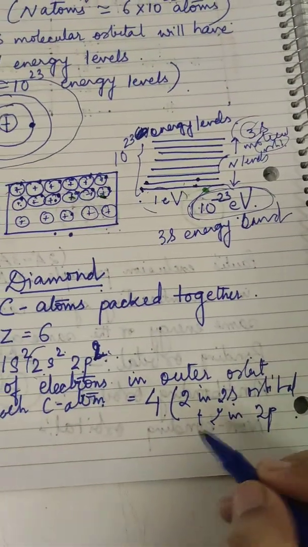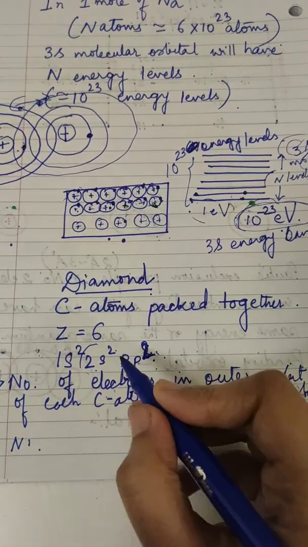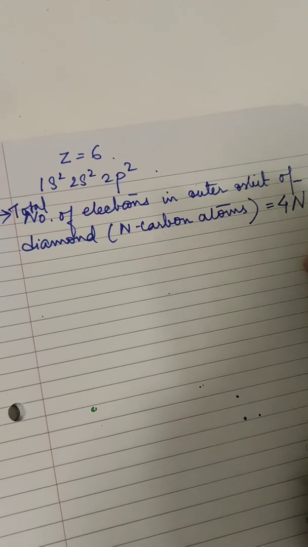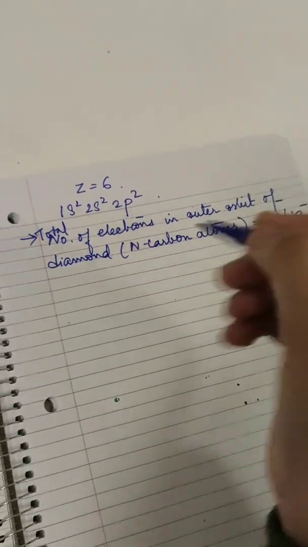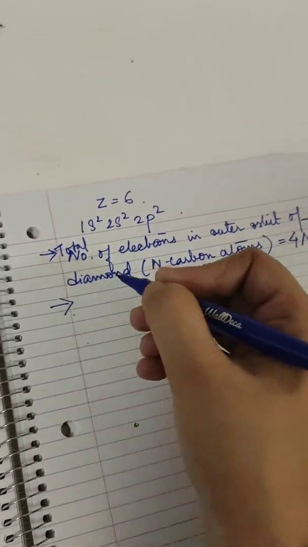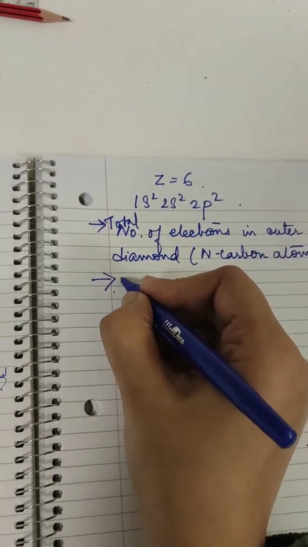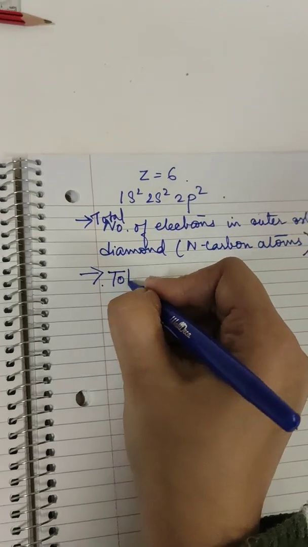For one carbon atom there are 4 electrons in the outer orbit, so for n carbon atoms there will be 4n electrons, isn't it?